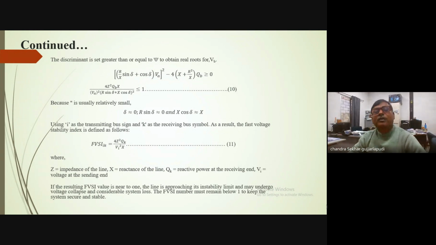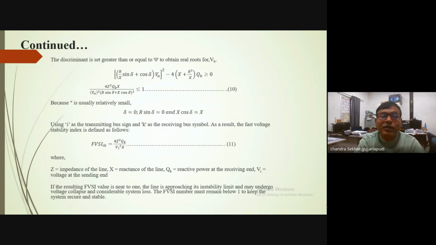So this is an indicator which is utilized to determine, if we introduce some kind of FACTS device or SVC at a particular location, what would be the value of the FBSI.